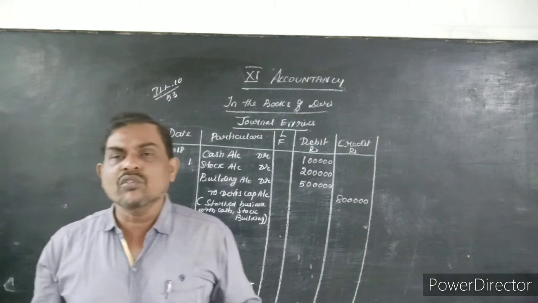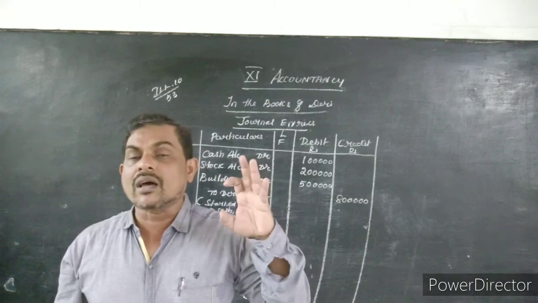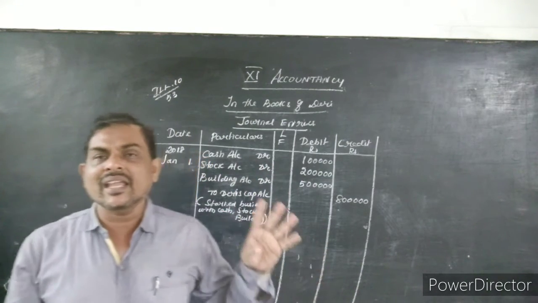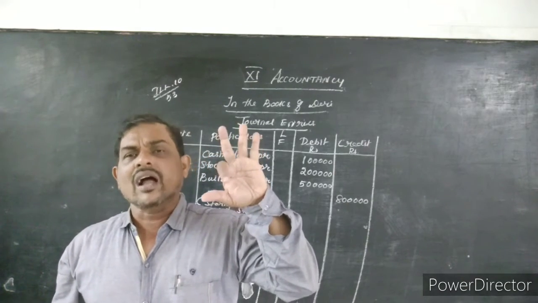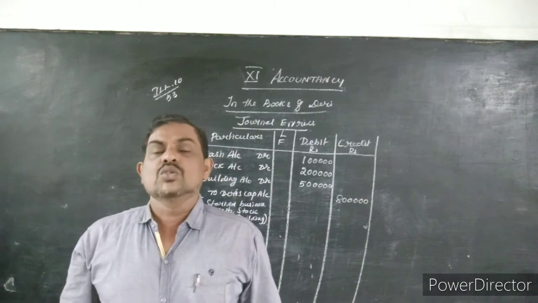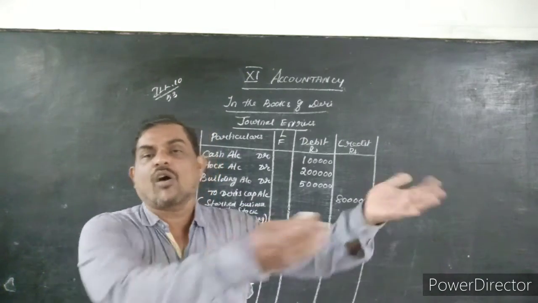So what we have to do? First we have to read the transaction. We have to find out what accounts are available. Here four accounts are available: cash, stock, building, and capital. These three are assets, and assets are real accounts. As per the real account rule, debit what comes in.